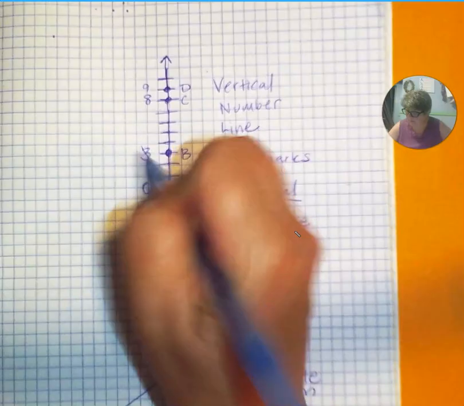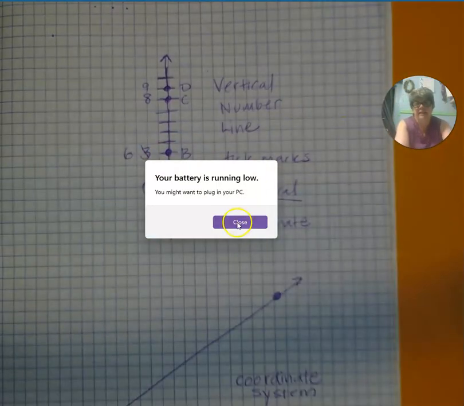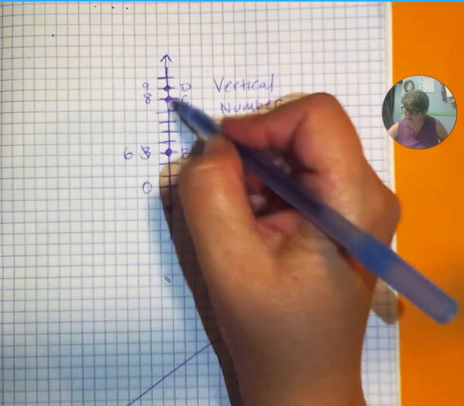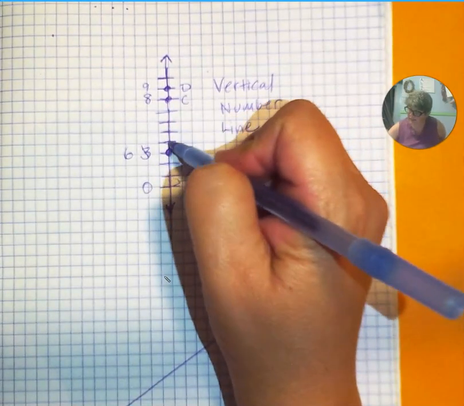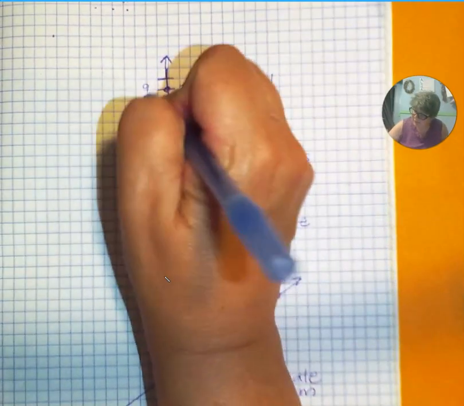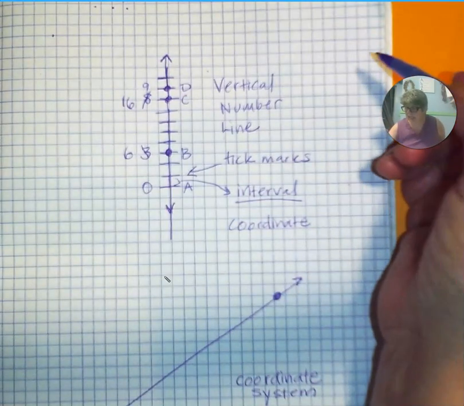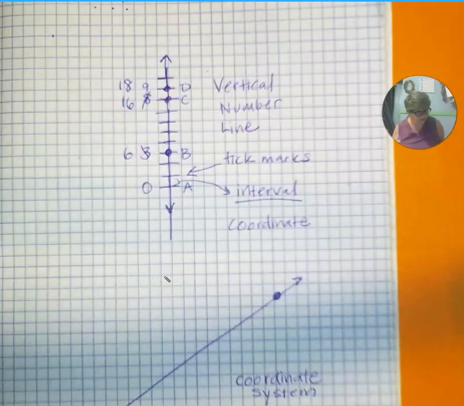So now our interval is 2, so our B is now at 6. Very good. And our C would be 6, 8, 10, 12, 14, 16. And maybe you're thinking 8 times 2 is 16. Very good. And 9 times 2, 18, is very good.